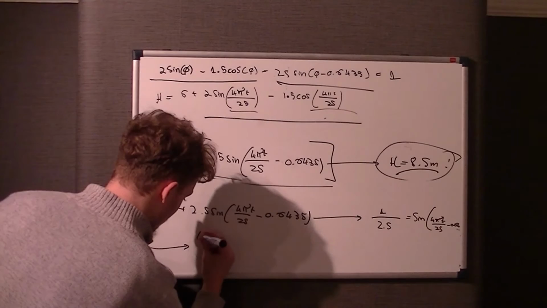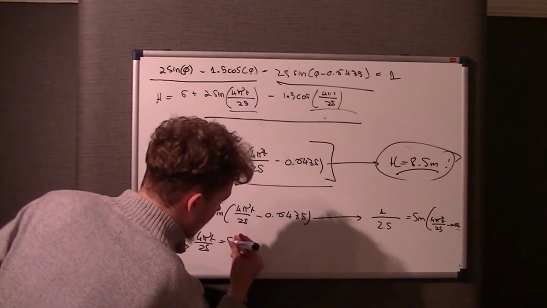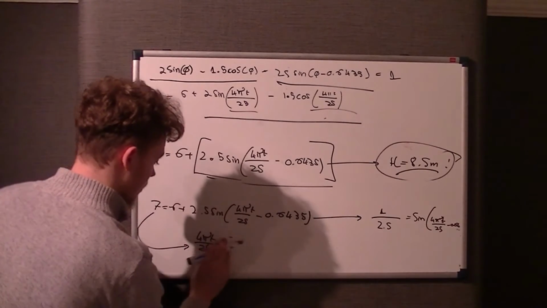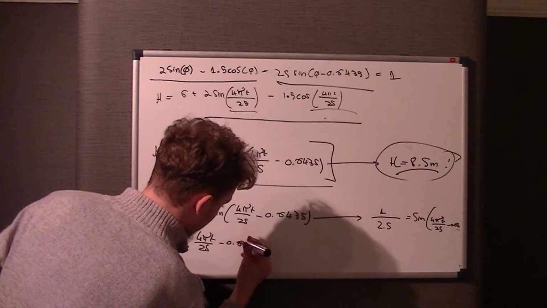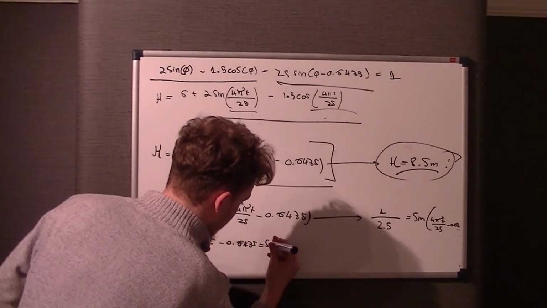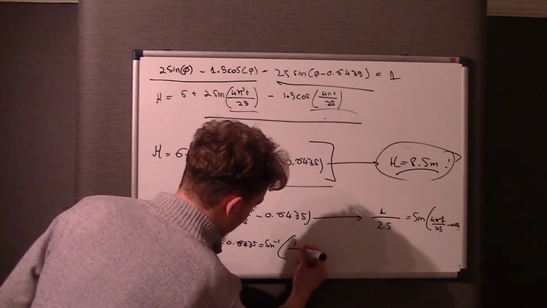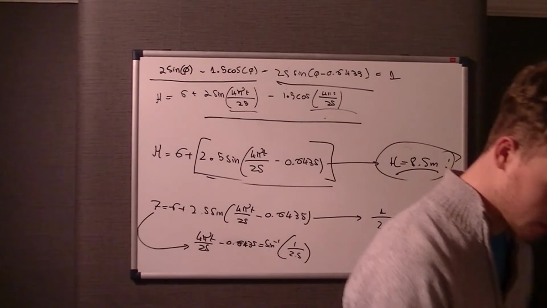So 4 pi t over 25 take 0.6435 is equal to the sine inverse of 1 over 2.5. We're just going to rearrange that quickly.